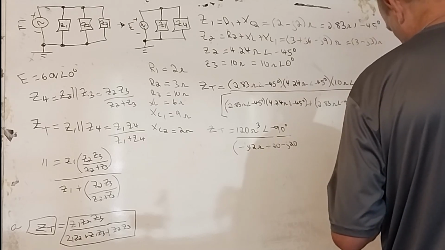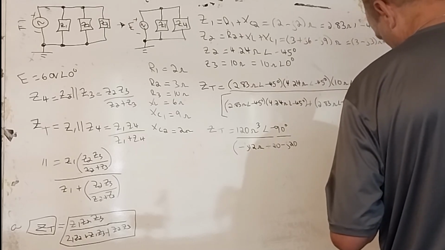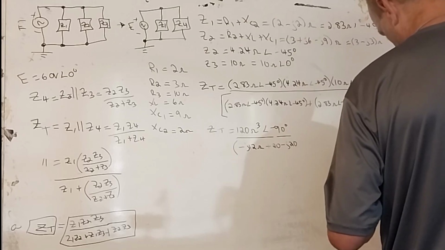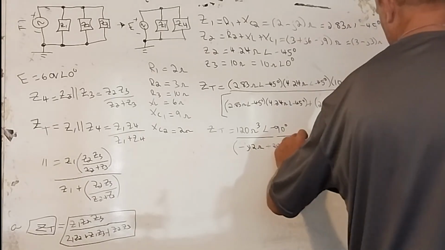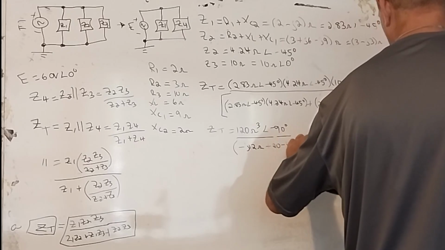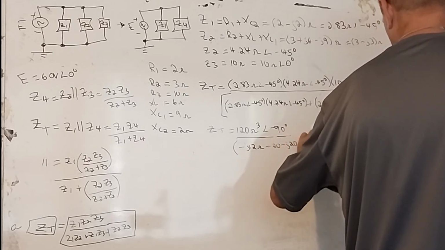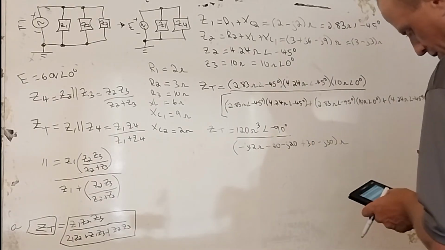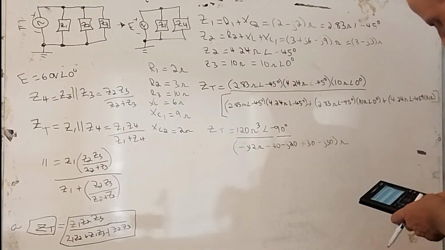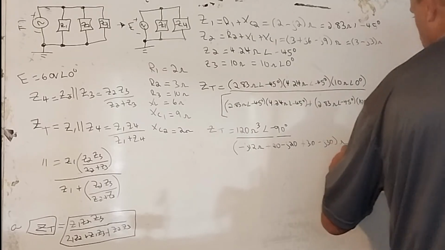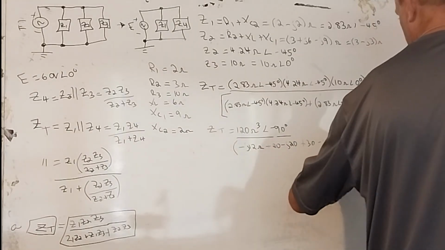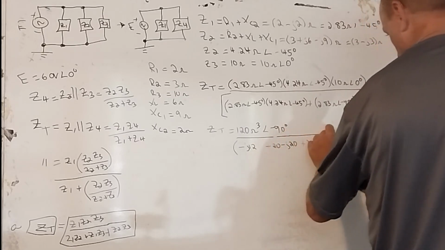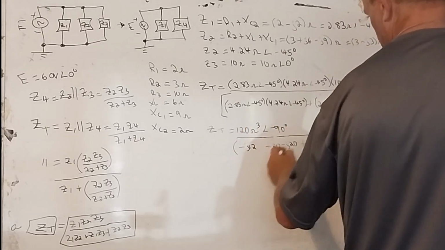So B times 10 times the cosine of negative 45 is 30, which means we're going to add 30 and subtract J30 because it's negative 45 degrees. So make sure that's right, that value times the sine of negative 45. Yeah. So now that we do this, this here we could just leave the same.